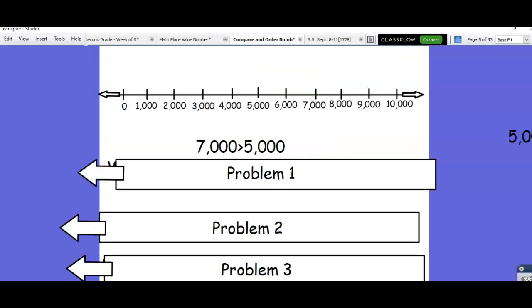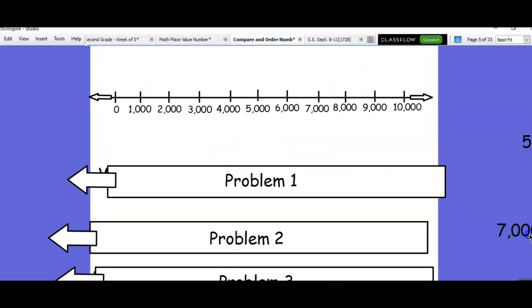All right. The very first one that we're going to talk about here is a number line you can use. A number line starts at 0 and works its way up. In this number line, each time you jump or move a space, it's worth 1,000. What's really interesting, you've got to remember, is there are actually numbers inside this space between 0 and 1,000.